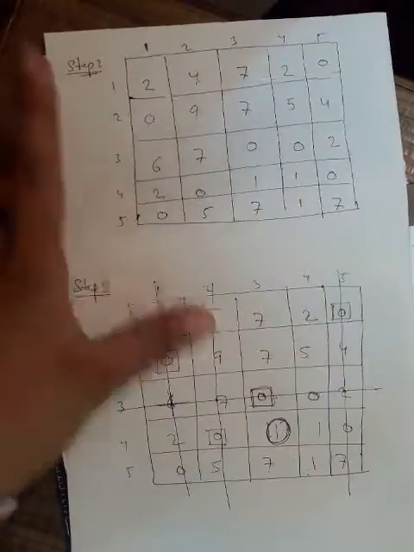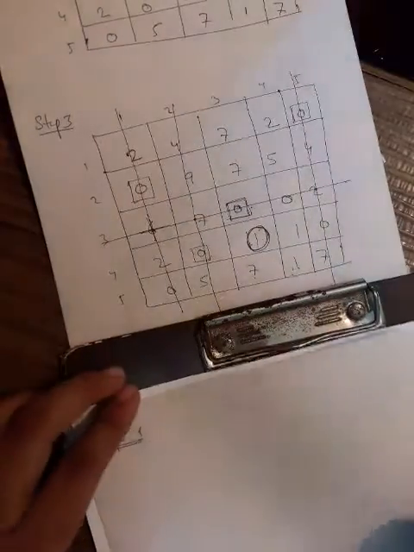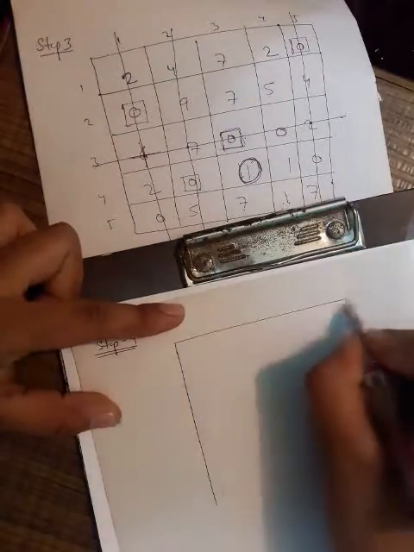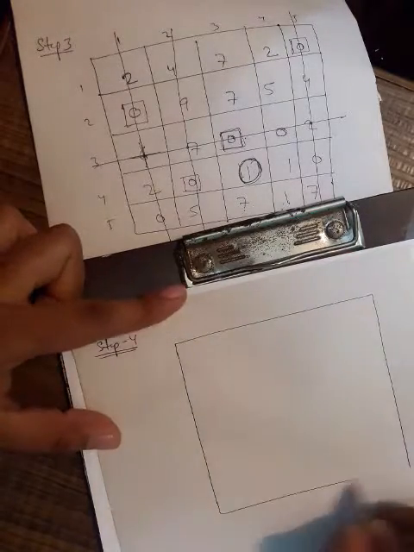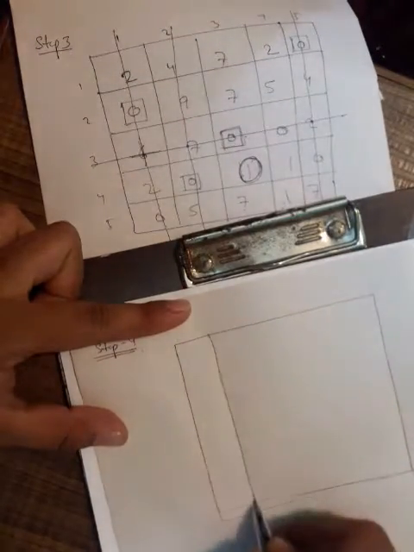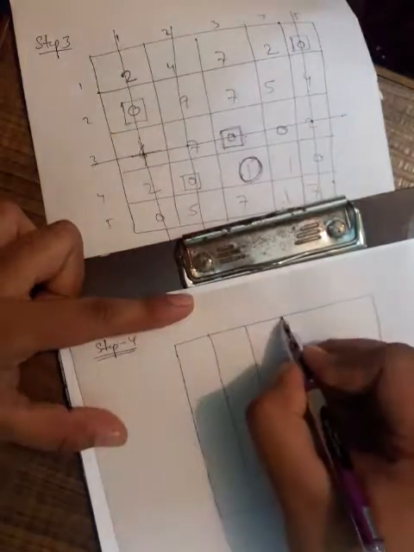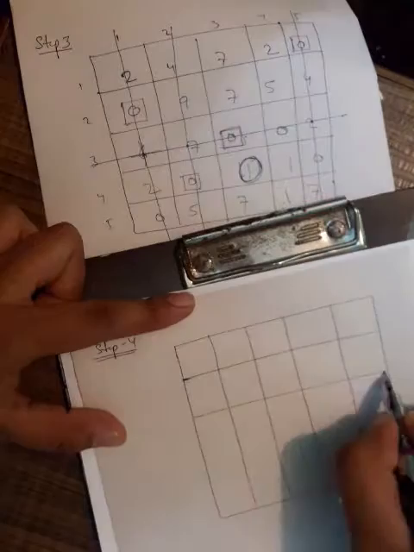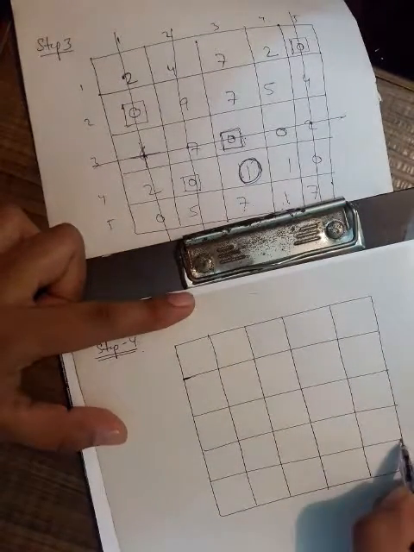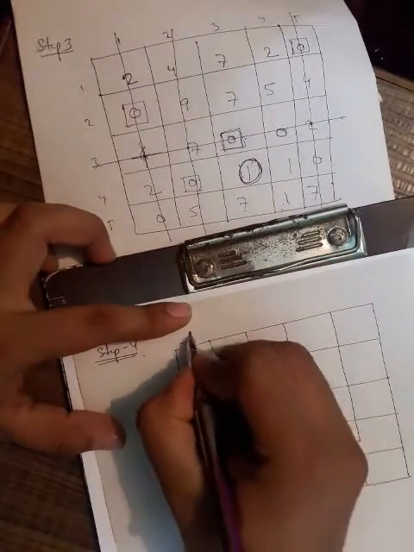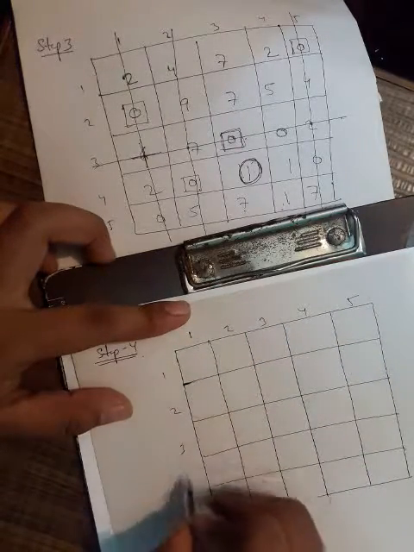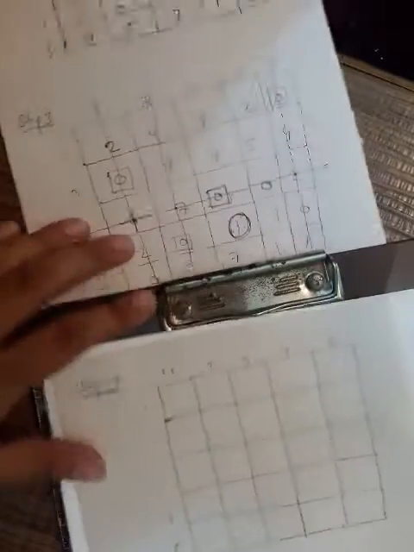So step 4 will be, so then step 4, here is your operator number 1, 2, 3, 4, 5, job number 1, 2, 3, 4 and 5.